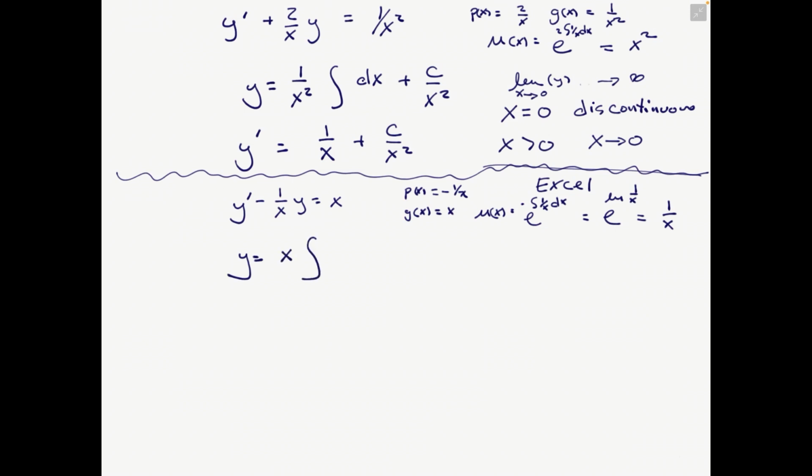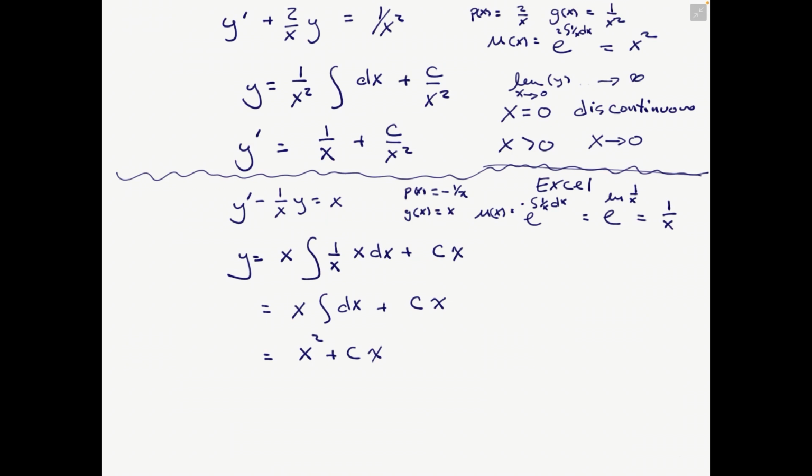So y equals x times the integral of 1 on x times x dx plus c x. And here we have the integral of dx plus c x, and that's equal to x squared plus cx.